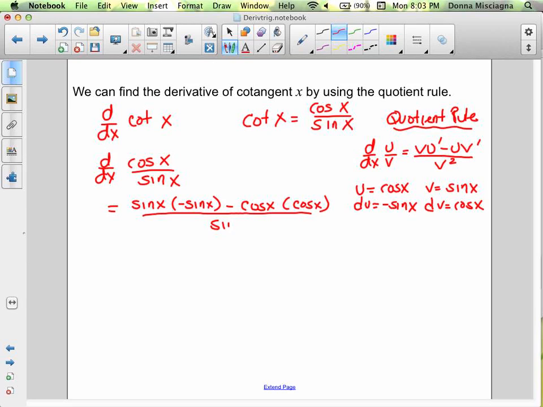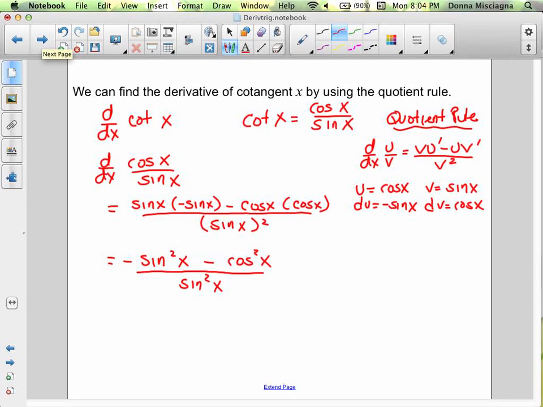So that's sine x all squared. Sine x times negative sine x is negative sine squared x. And negative cosine x times cosine x is negative cosine squared x. And of course, sine x all squared is the same as sine squared x.